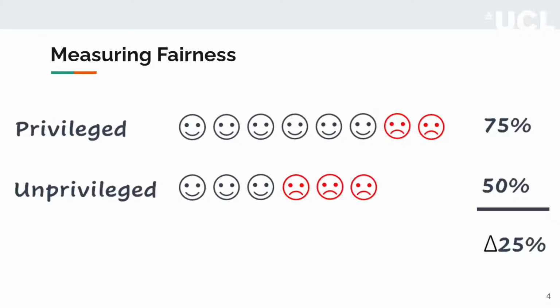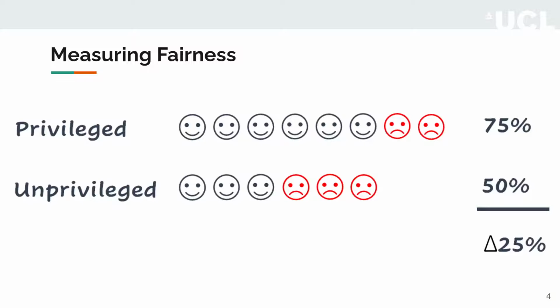And in the unprivileged group, it's 3 out of 6, which ends up being 50%. The disparity of the favorable treatment is therefore 25%, which indicates that there is bias. An unbiased system would have a disparity of 0%, so this metric should be minimized.